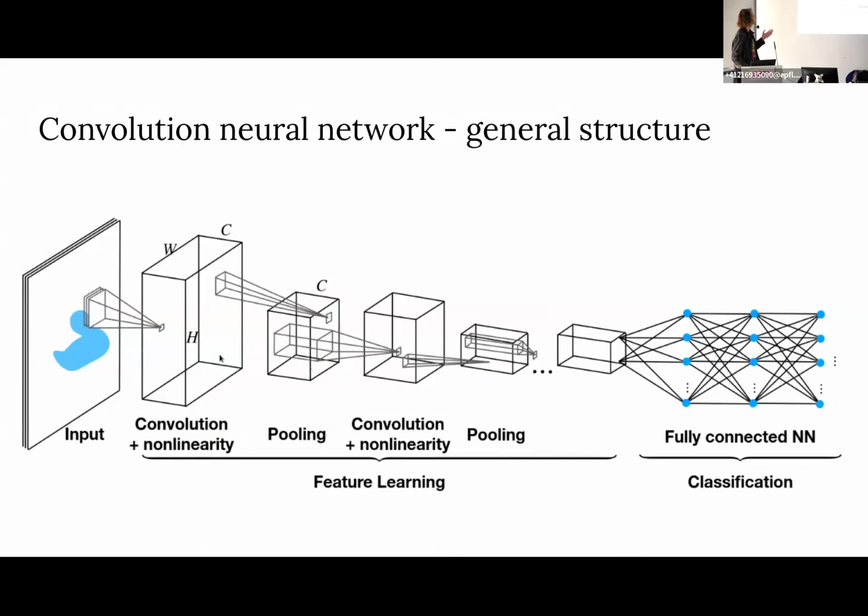And if you want, for example, to do classification of your image, after a certain number of convolutions, you have a very compressed representation, which you can flatten into a vector and then apply some fully connected layers like this. And the output of this fully connected layer will be a vector of size n if you have n classes. And you do classification with these n classes. Questions? No? Good.